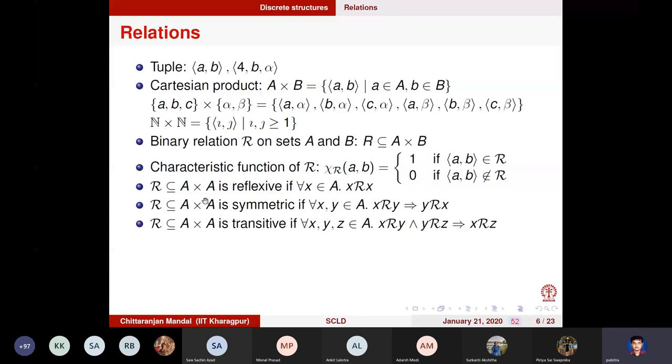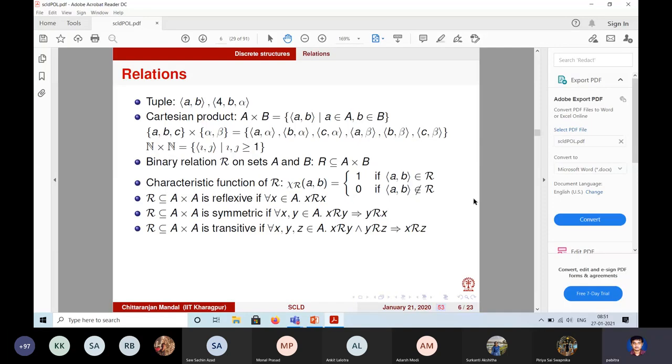Now, transitivity: if you take three elements X, Y, and Z, if X is related to Y and Y is related to Z, it implies X is related to Z. Let's see what this means actually. Let me draw a diagram to explain this.